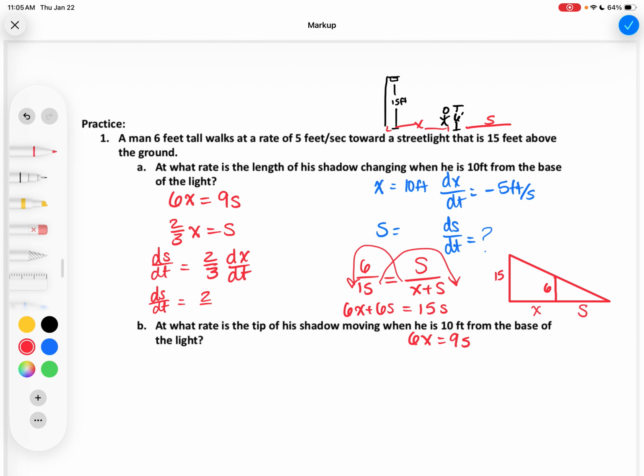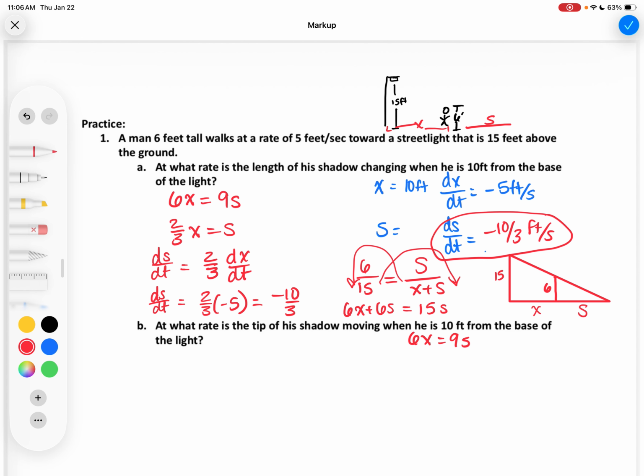And so we end up with -10/3 feet per second. And essentially that would just tell me that his shadow is basically shrinking, more or less. Yeah, anyways.